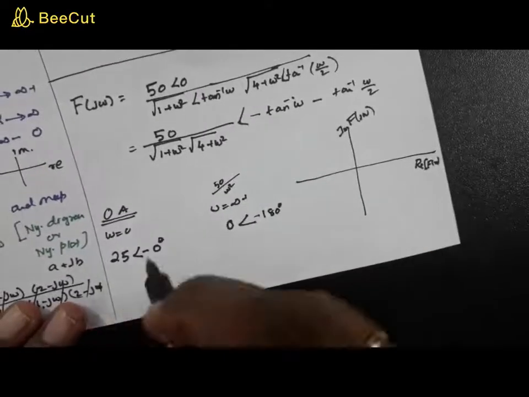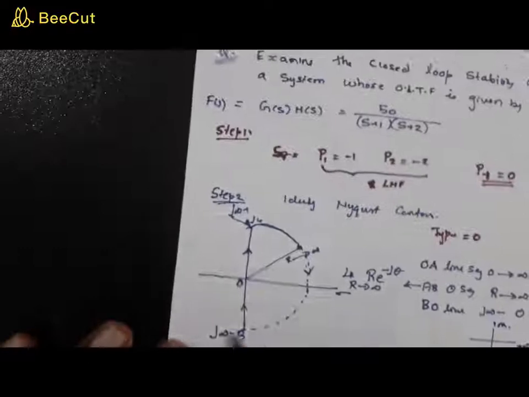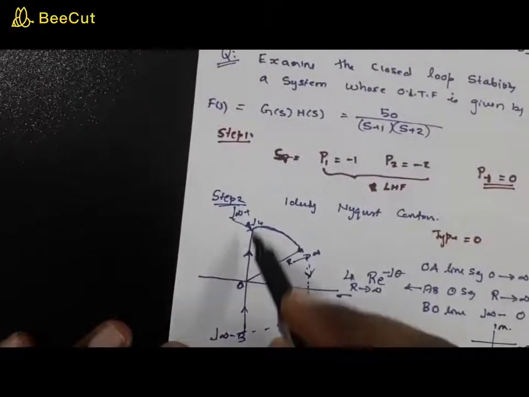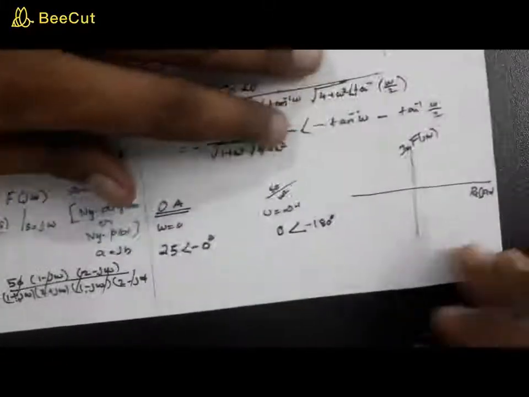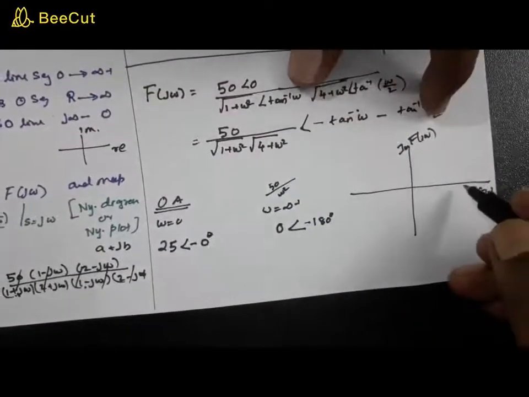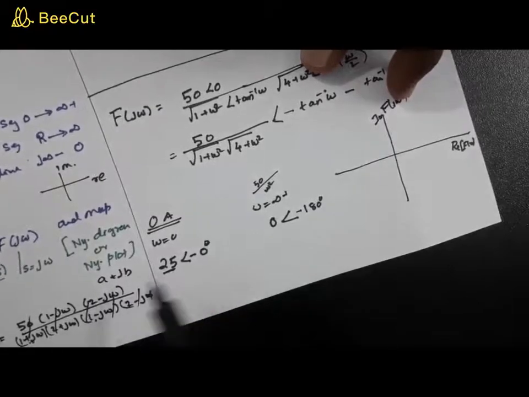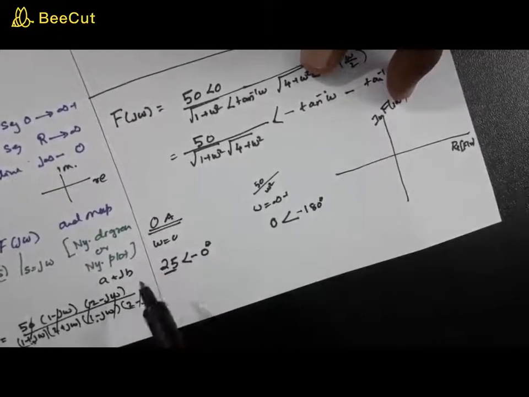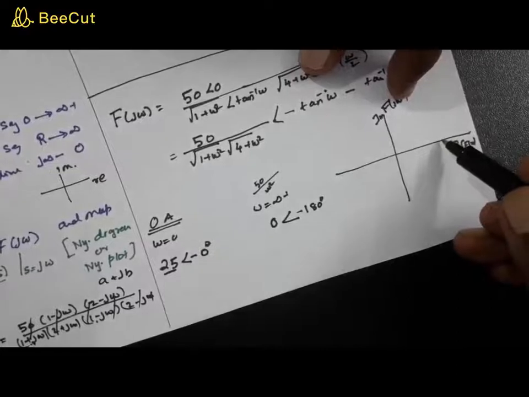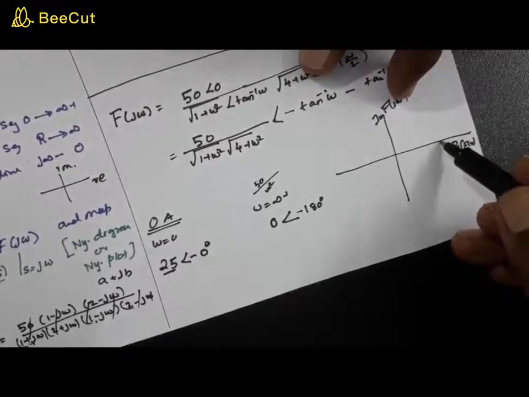These are the 2 points that we got when we mapped them in this f of s plane. Let us identify that point. Look at this, you have a magnitude 25. Now the question is, where will you plot this 25? Will it be this point or this point?